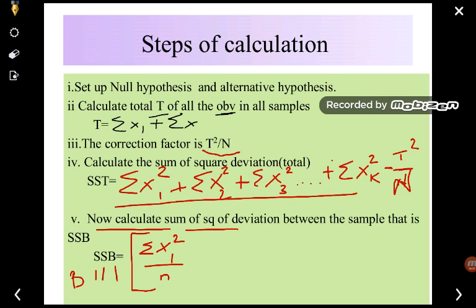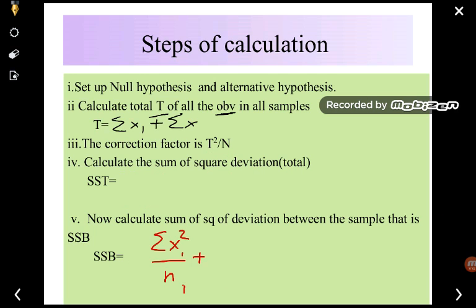We know that standard deviation can be calculated as the square root of summation of x square by n. So here we calculate this sum of square of deviation, plus summation of x2 whole square by n2.